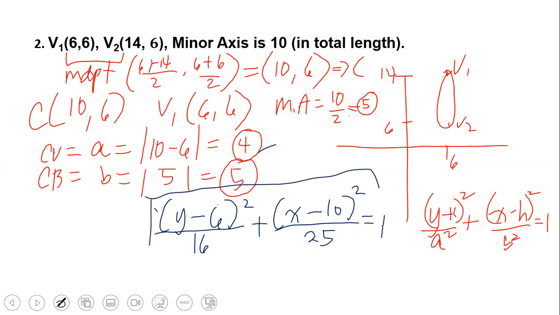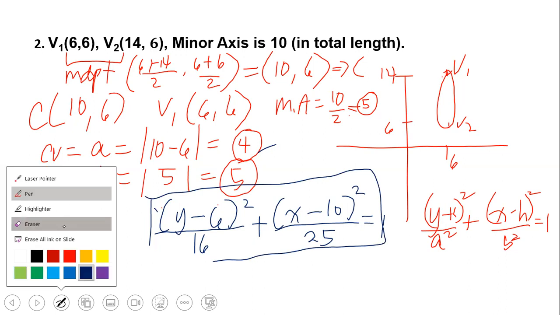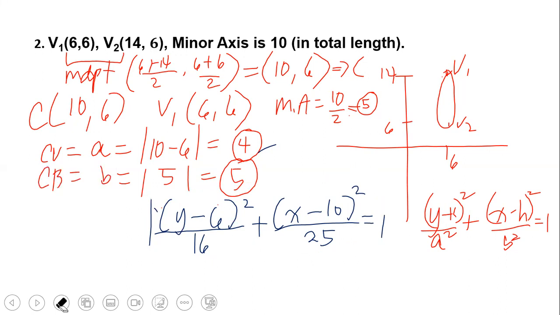And this will be our equation, the standard equation of the ellipse.